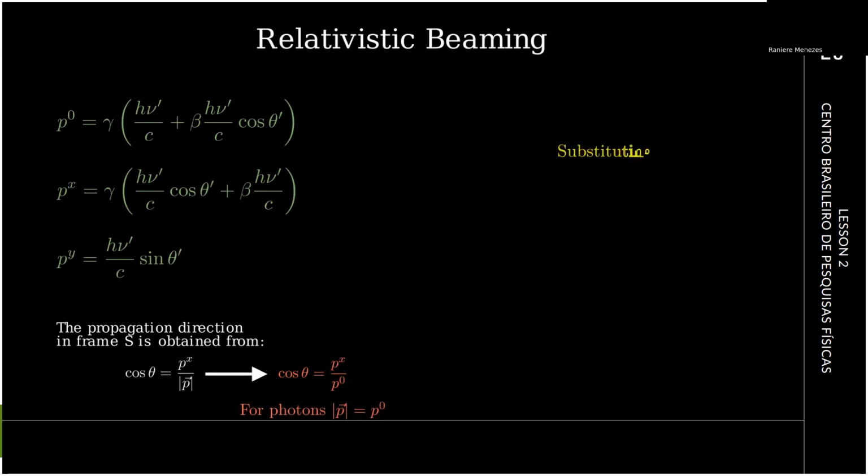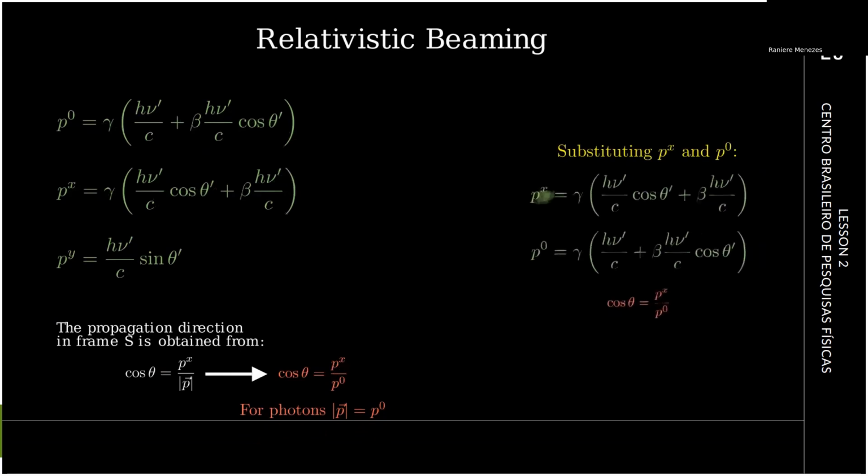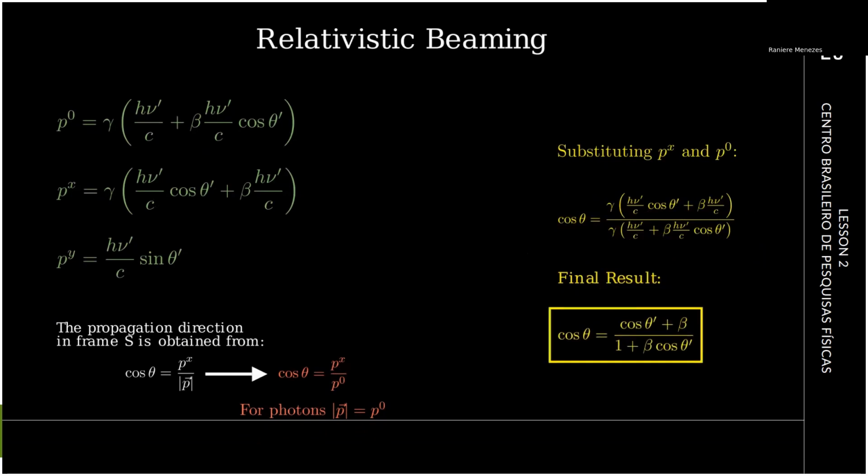We have these two components here, and we just take the ratio of them. Here we have some parameters that we can cancel. So we can cancel gamma, we can cancel h nu prime over c, and the final result is this one here.